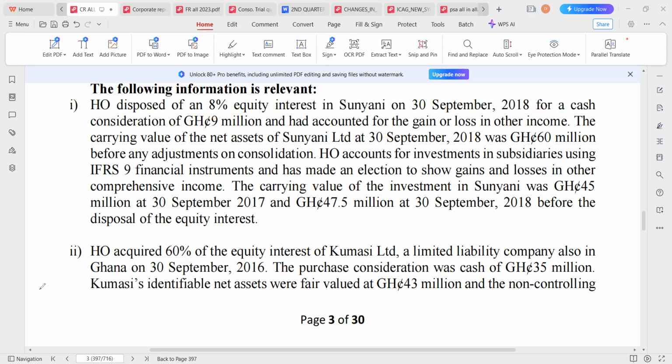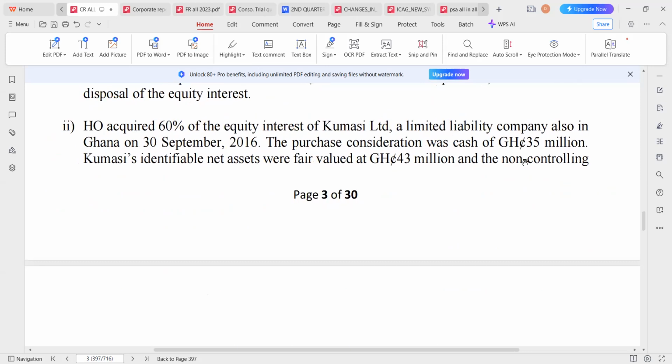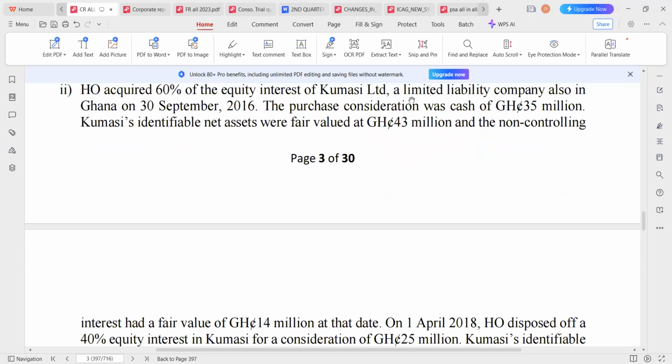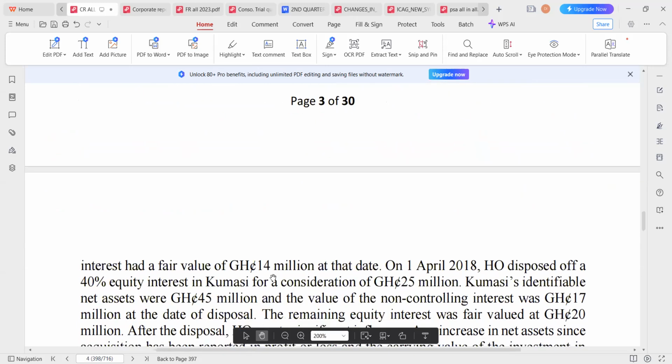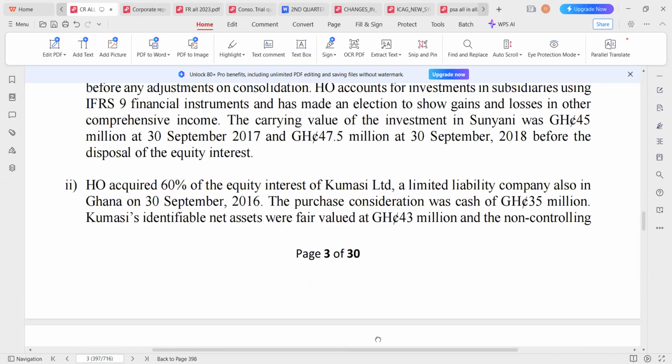Note 2 has to do with the acquisition of Kumasi, and they give us the purchase consideration to be 35 million. Identifiable net asset was 43. NCI is 14. So we can still calculate the goodwill.